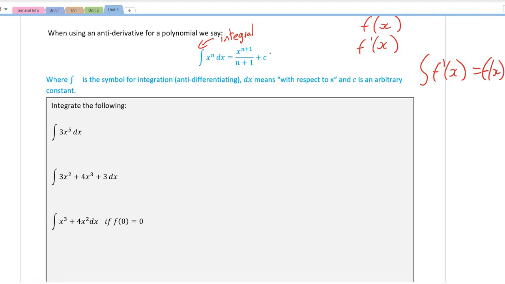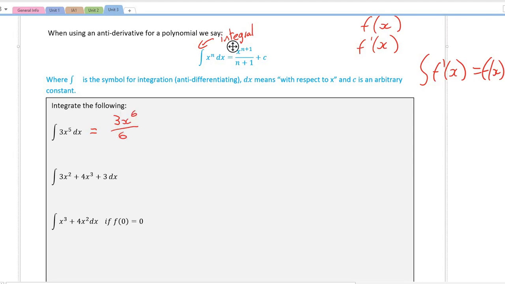So, if I had the integral of 3x^5 dx, that's going to be my original function, 3x, but I will add 1 to the power. So what's my new power? And then what do I do with that 6? Divide the whole thing by 6.